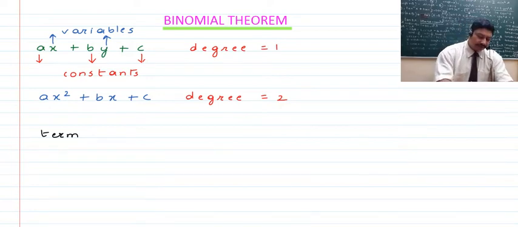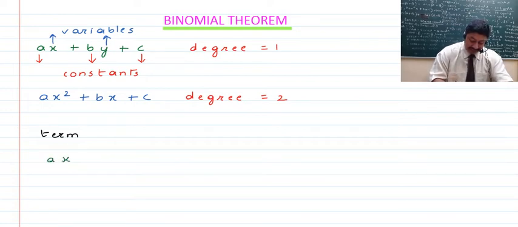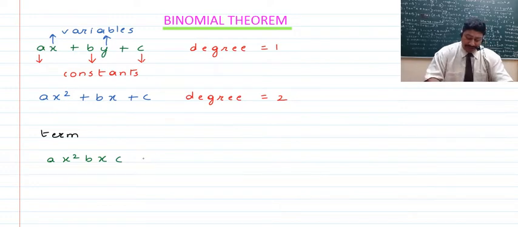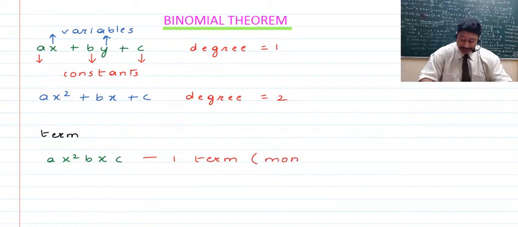So let's say we talk about an algebraic expression which is say ax squared bxc. This will be said to have one term, and as it has one term, it is known as a monomial.